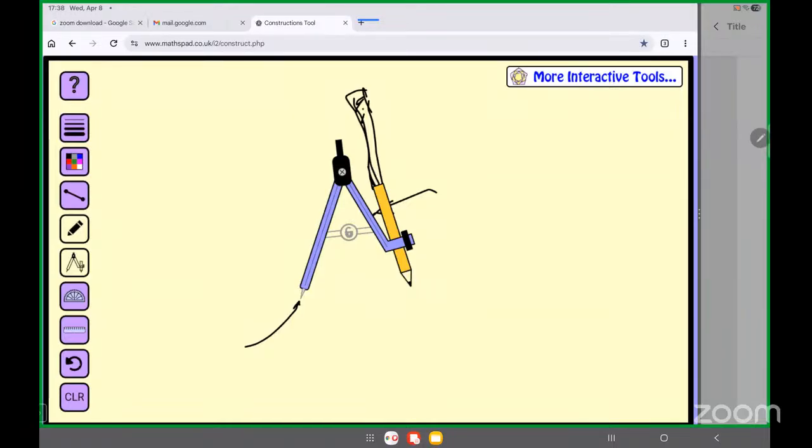Because that gives you the ability to hold on to this place with your pincher fingers, the two fingers, and then you can twirl it, spin it around. You can hold on to this thing at the top, and then you can turn, form your angles and get your arcs and so on. So you don't want the pencil in the way.